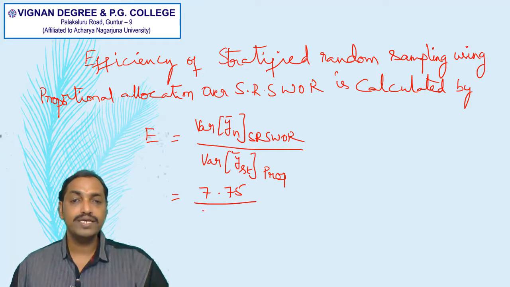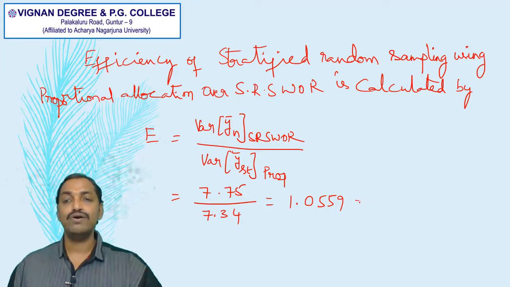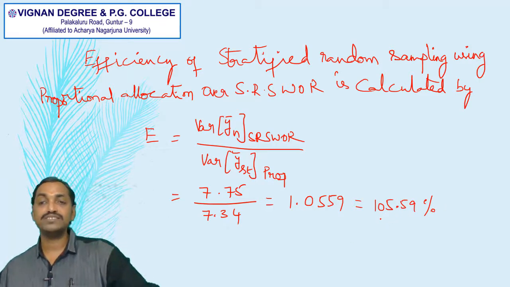which is equal to 7.75 divided by 7.34, approximately equal to 1.0559, or 105.59 percentage when we calculate in terms of percentages.